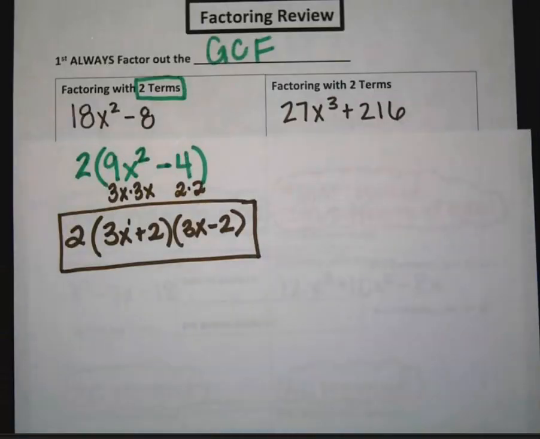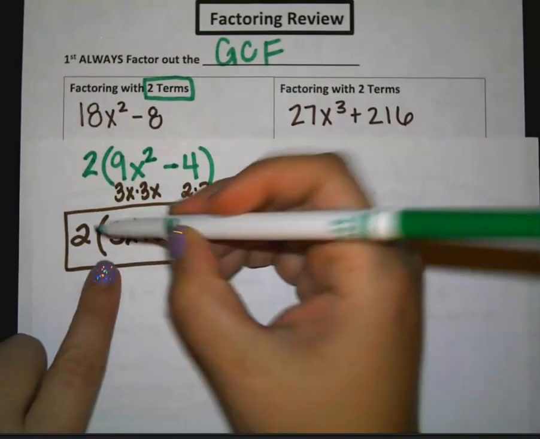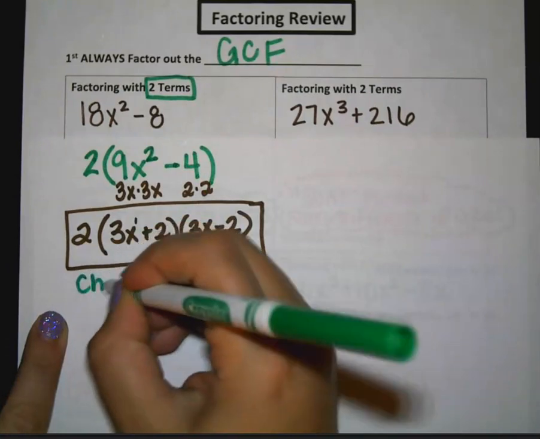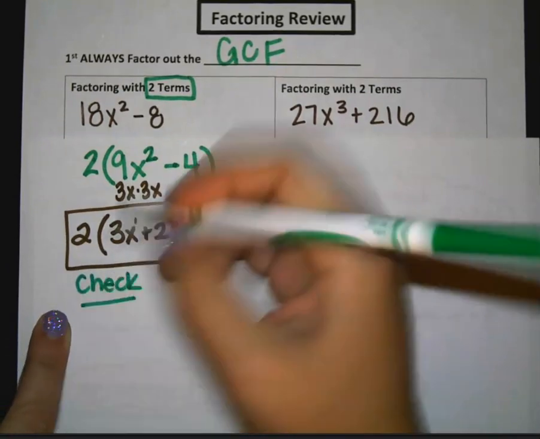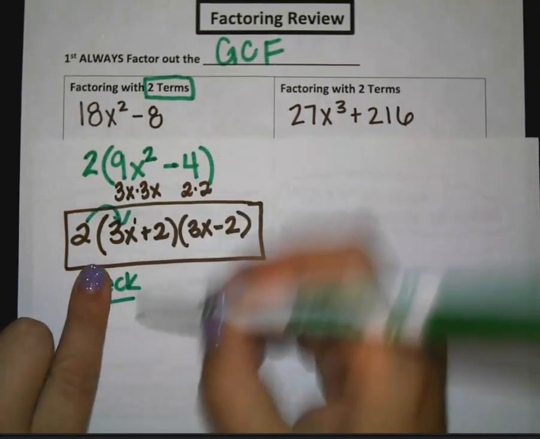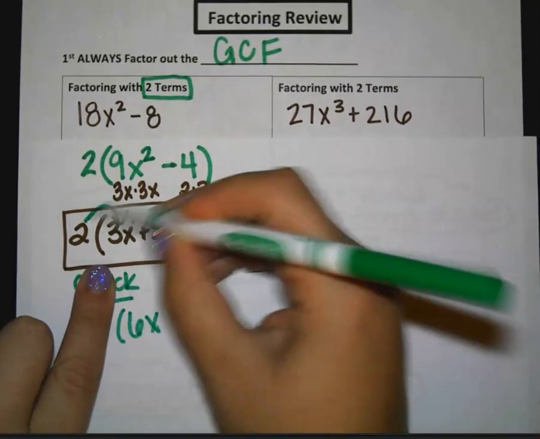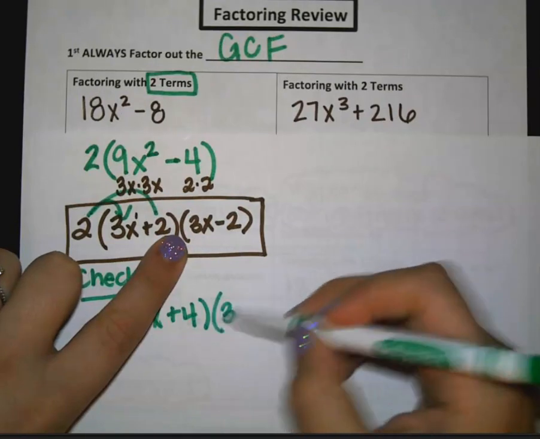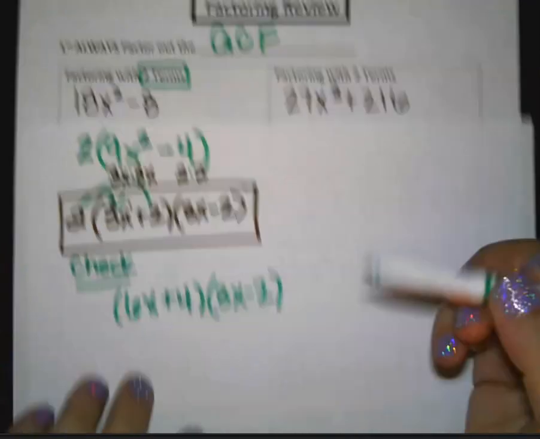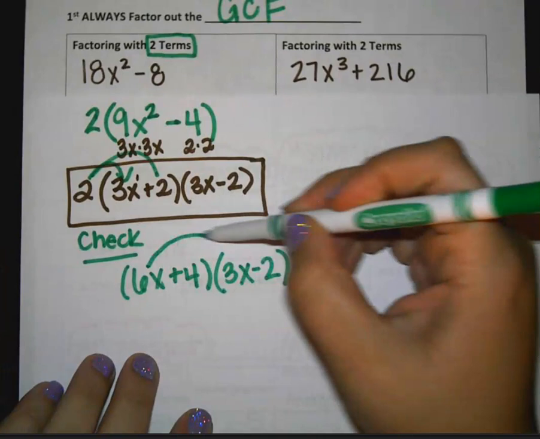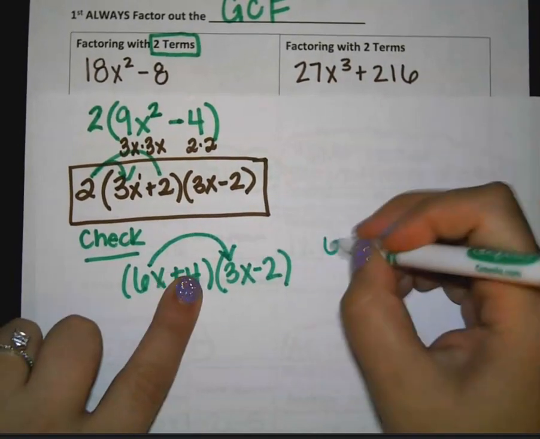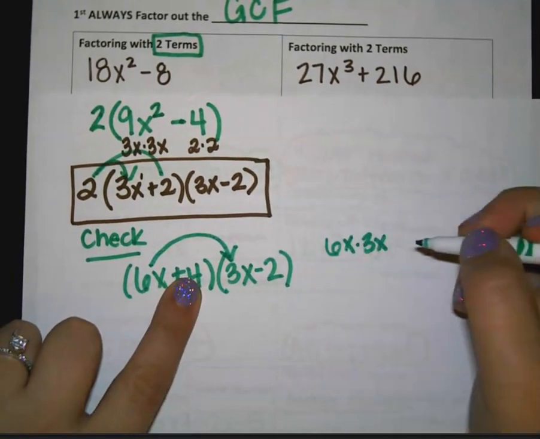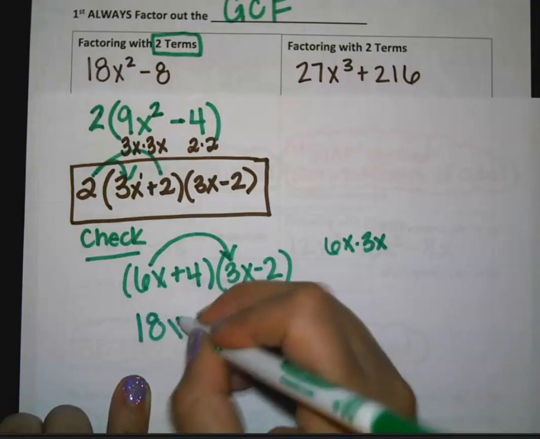Now again, the whole point of factoring is if I were to multiply this out. So if I wanted to check that this is correct, if I distribute this, I would get 6x plus 4. And then if I bring down the 3x minus 2, and now I FOIL this, I multiply this out, I would get 6x times 3x, that's 18x to the second.